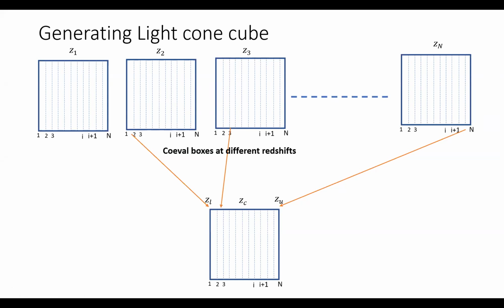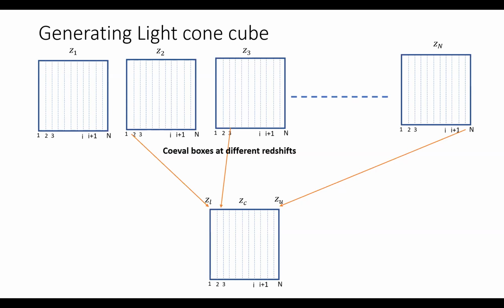No, but then if I take the central slice of each of the coeval boxes, they will. So when you say Z2 for the coeval box, which slice of the coeval box corresponds to that redshift? Is it the first or the central one? All slices correspond to ZL.